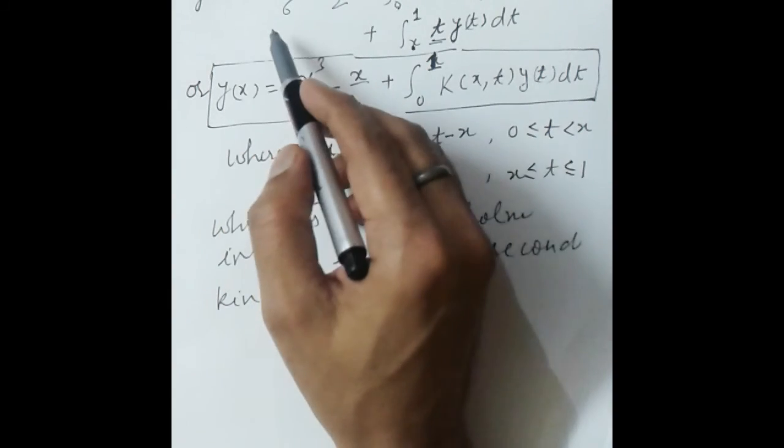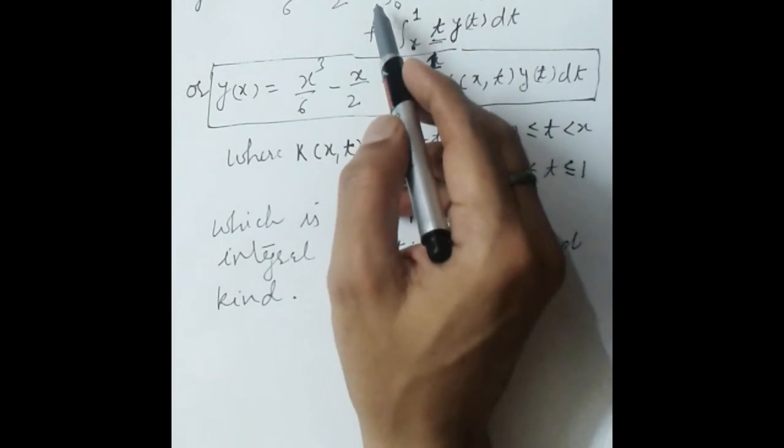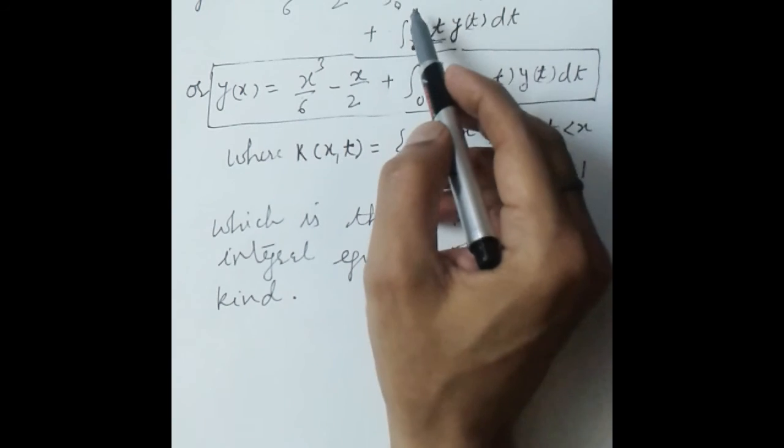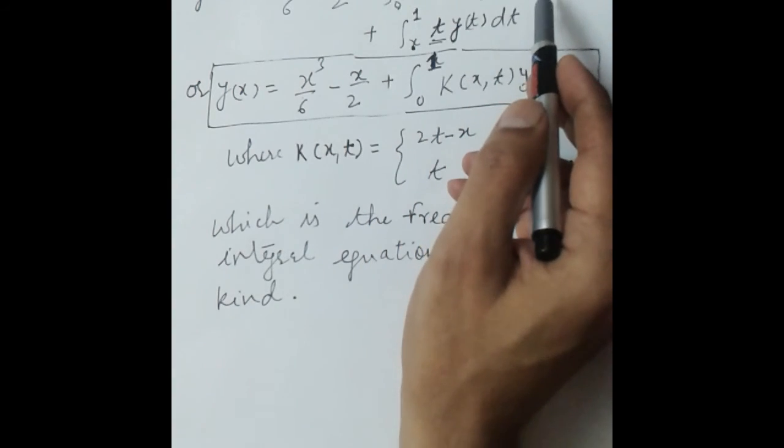So this implies y(x) equal to x³/6 minus x/2 plus the integral from 0 to x of (2t - x) y(t) dt.